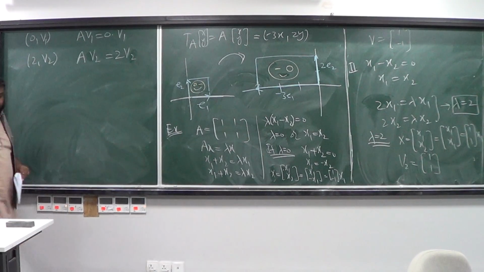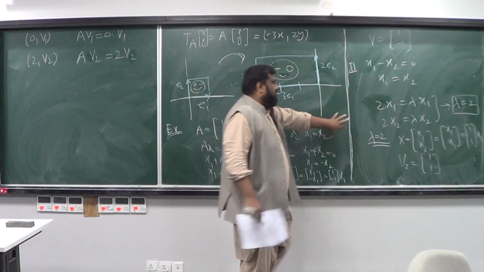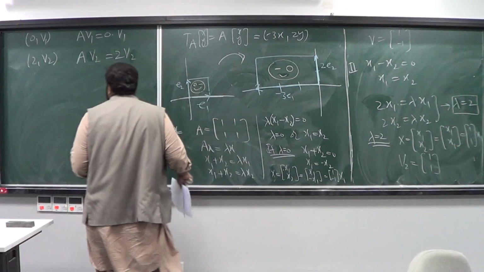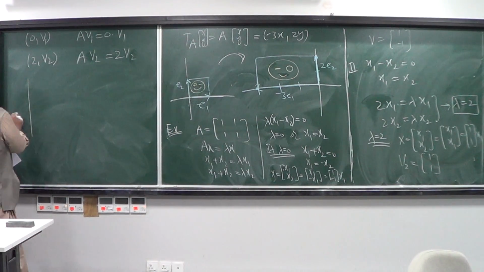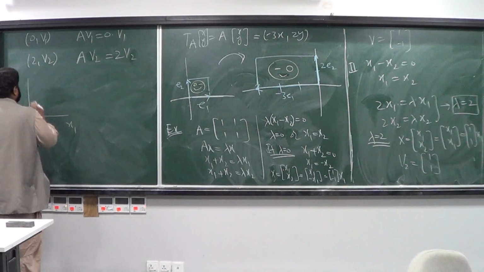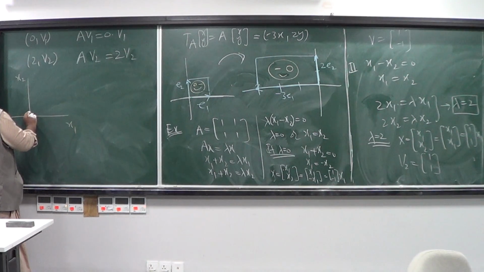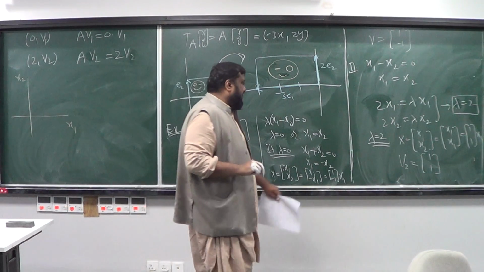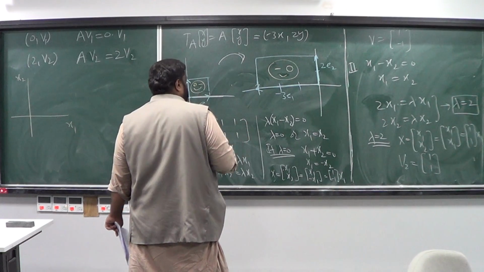So this is what you're going to get out of these results. Let's try to visualize. My task at the moment is not to do the solution of all this, we just went through these simple calculations, but I want to visualize this. If I take the x1, x2 axes, where is v1 going to be located? v1 is (1, minus 1).